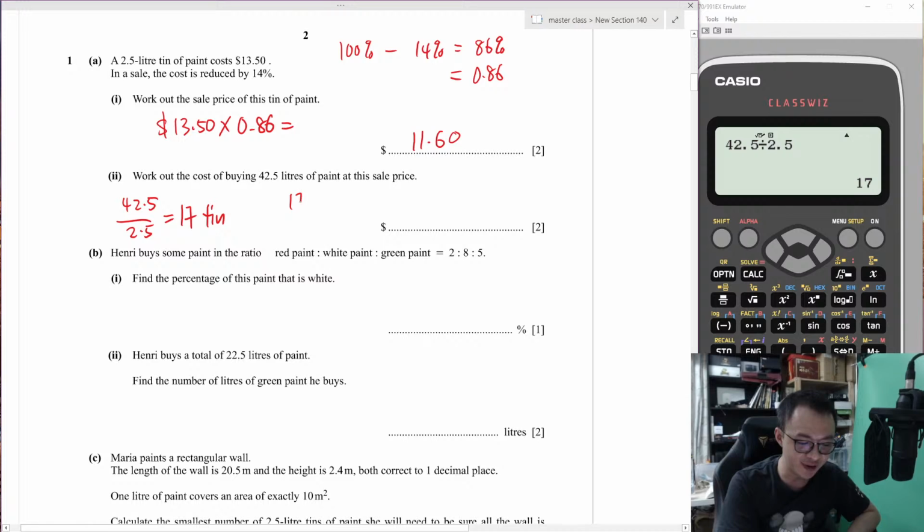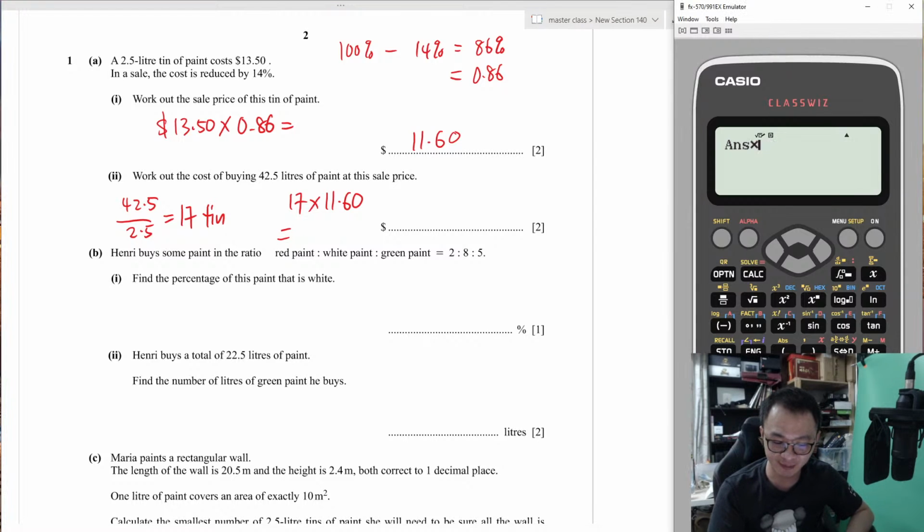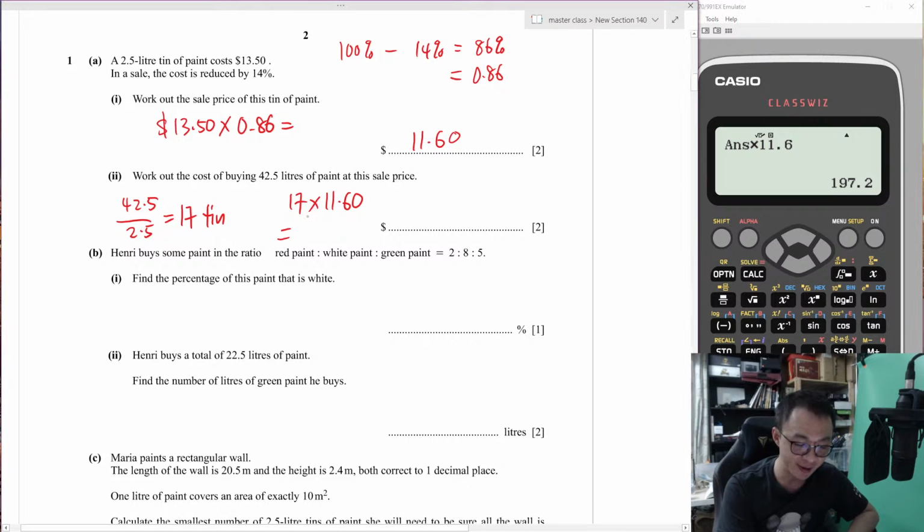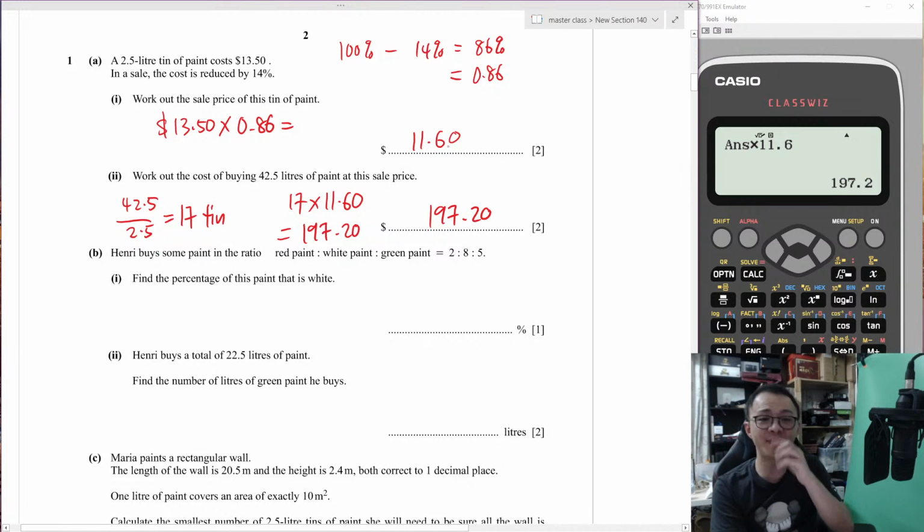So I use 17 multiply my selling price, which is 11.6, and I get 197.20.